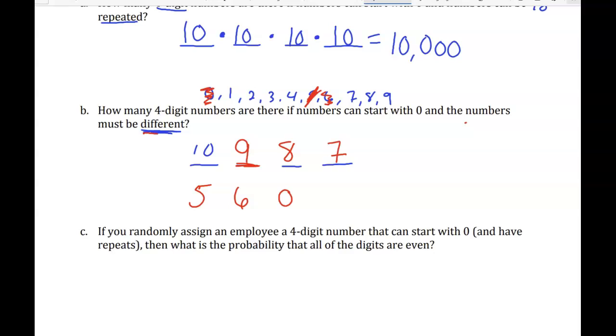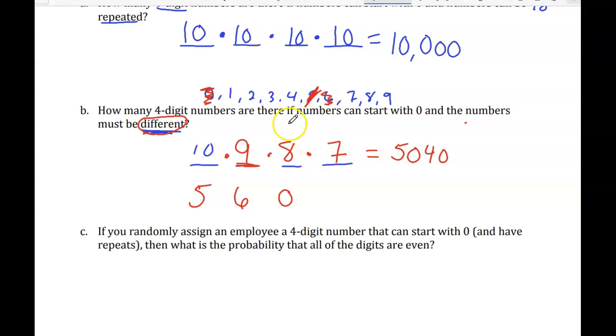Whenever they must be different, or without repetition, I must knock down a number for each of my slots because I no longer have this value to select from. And then we multiply those. 10 times 9 times 8 times 7 would only give me 5,040 choices to select from.